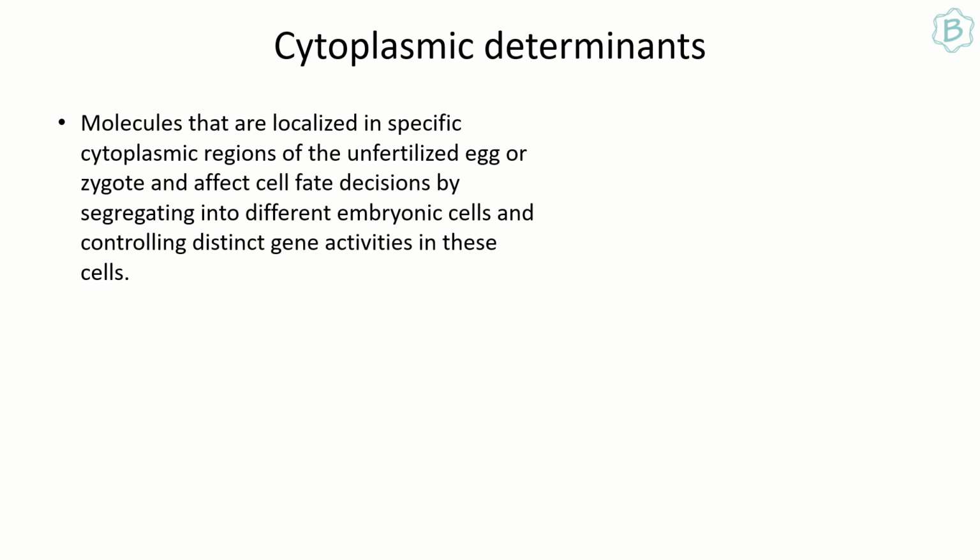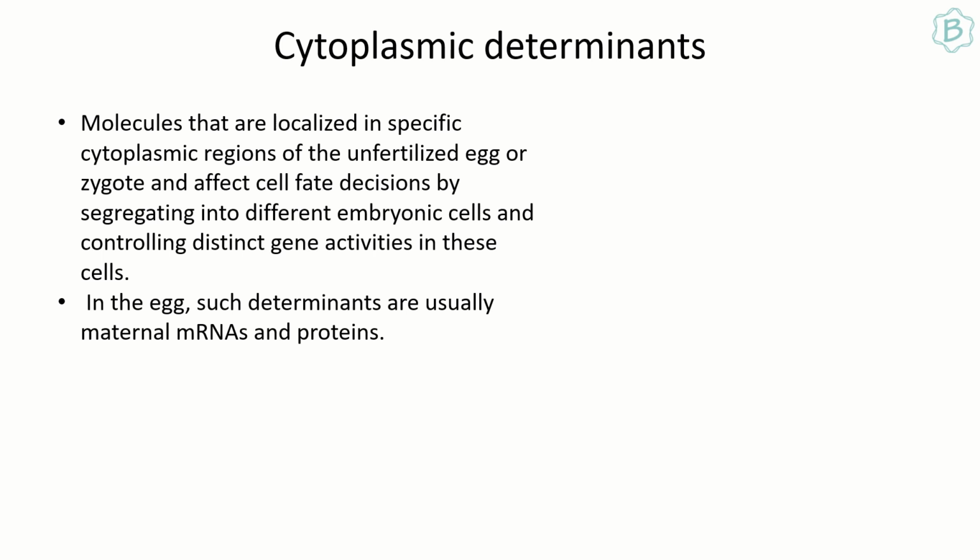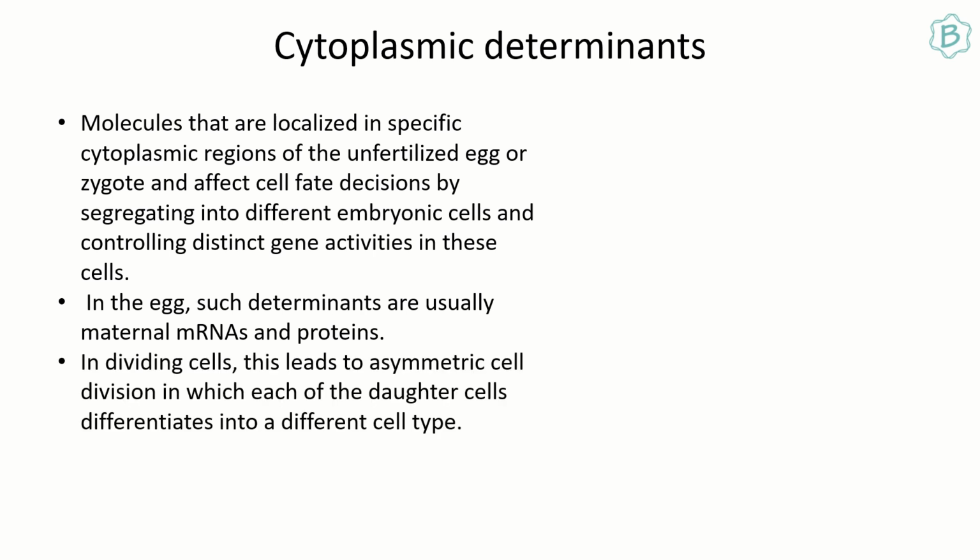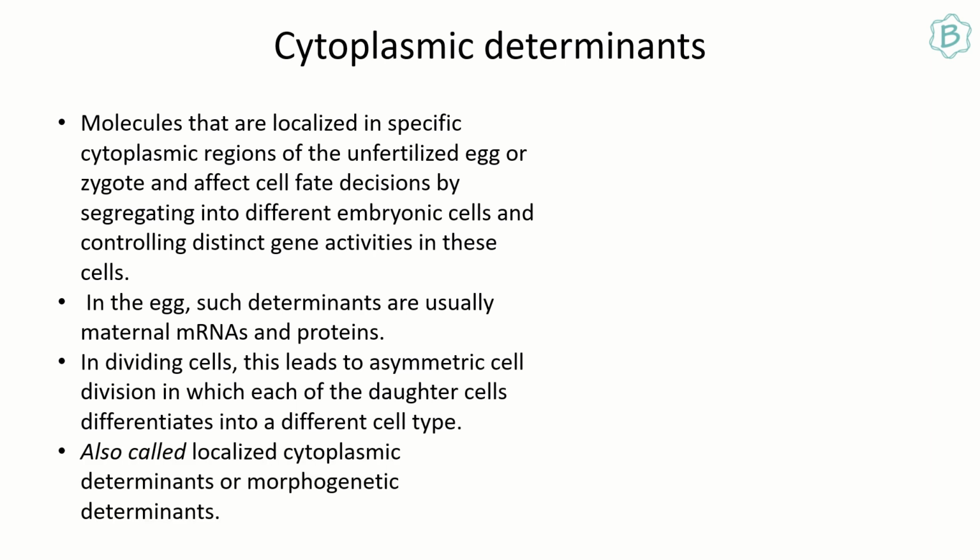In the egg, such determinants are what? Maternal mRNAs and proteins. In a dividing cell, this leads to asymmetric cell division, daughter cells form, then they differentiate into different cell types. They are basically localized to a particular part of that cell.